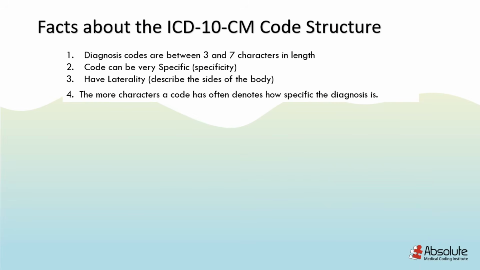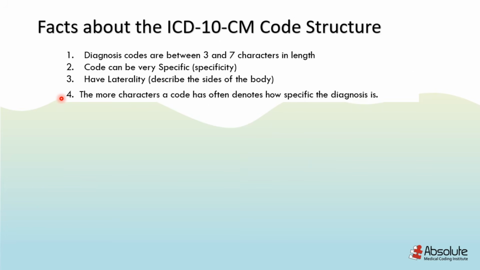Facts about ICD-10-CM code structure. As you can see, your diagnosis codes are between 3 and 7 characters in length. Codes can be very specific, and we call that specificity. Now, specificity can describe the severity of the illness or even the body part, etc. Codes have laterality, meaning that they can describe the side of the body that the illness is.